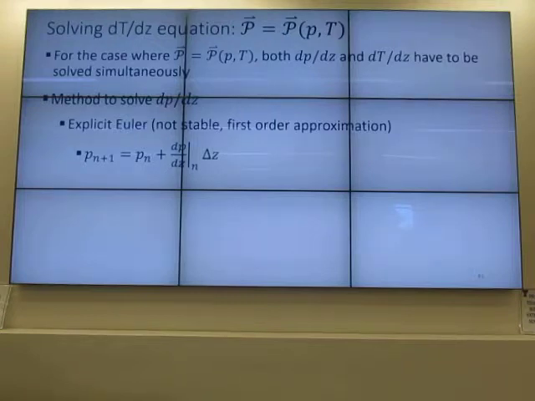So it is easy. We use the slope at the current point. It is easy because the slope at the current point is defined based on the fluid property at the current point. We don't have the fluid property at the next point yet because we don't know the temperature and pressure at the next point, right?